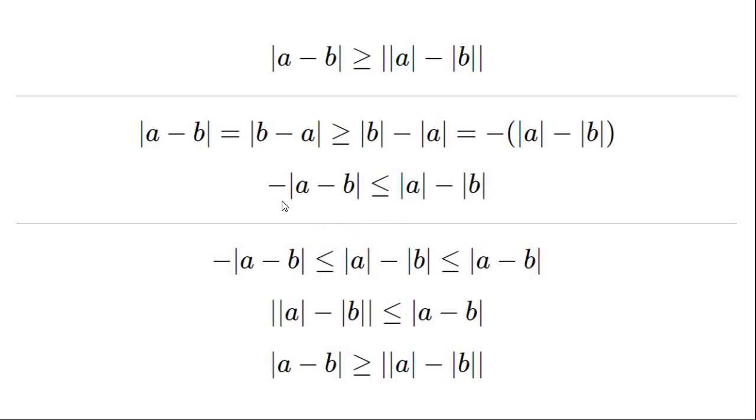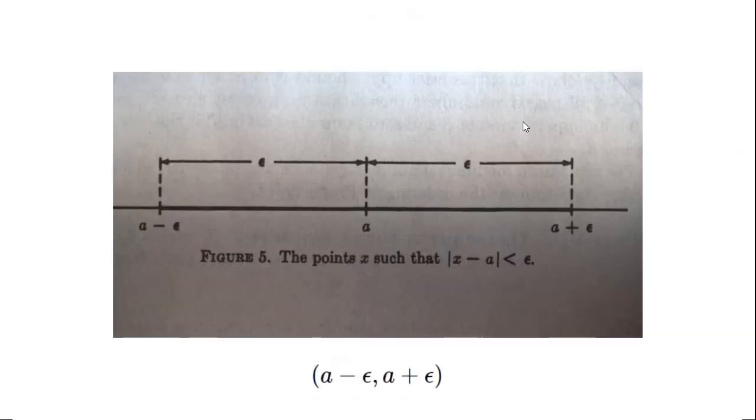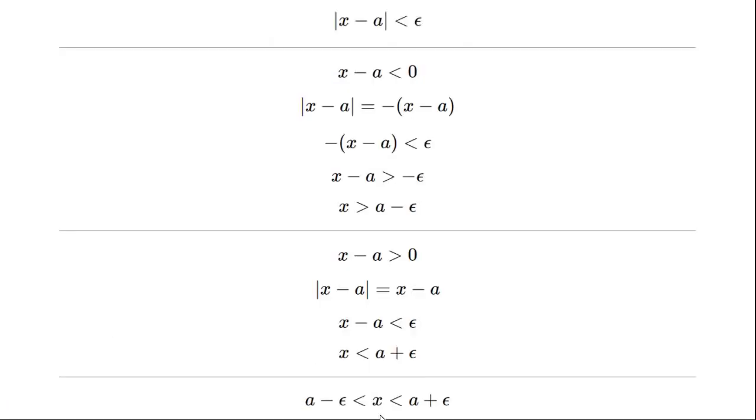And so now we have this inequality here, and if we combine this inequality with this inequality right here, you see we have negative absolute value of a minus b is less than or equal to the absolute value of a minus the absolute value of b, which is less than or equal to the absolute value of a minus b. And you note that this looks very similar to this here, and it's really exactly the same.